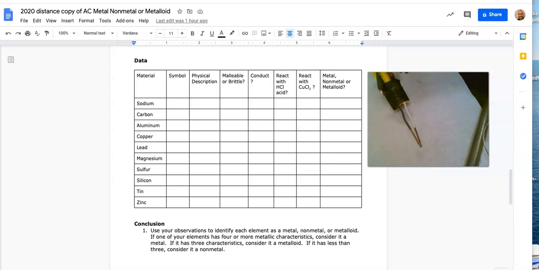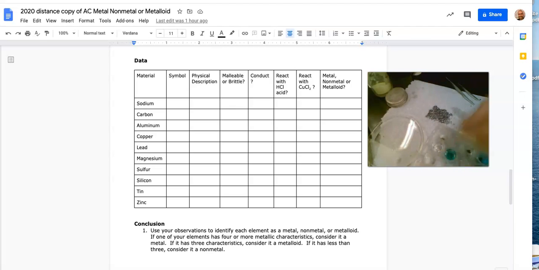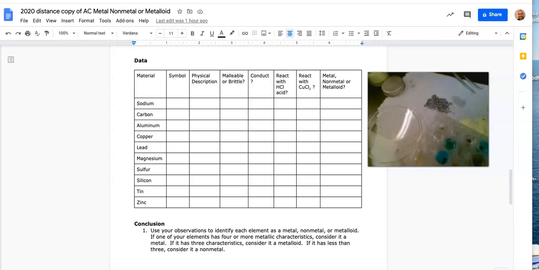And my light bulb does light up, you can see, when it's touching opposite sides of the zinc. And now we'll see what it does with the acid and copper chloride. There goes my zinc chunks. Here comes the acid. Ooh.